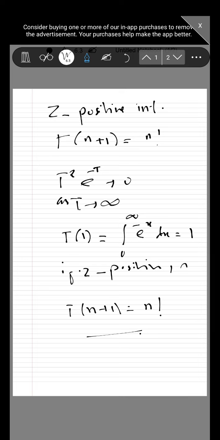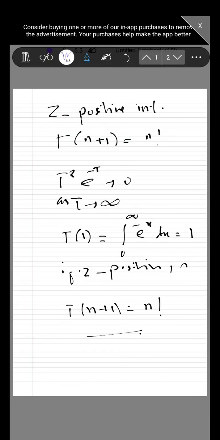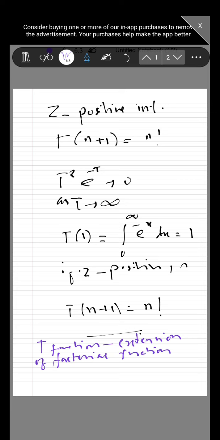So we can write an important statement that the gamma function is an extension of the factorial function to numbers which are not integers.